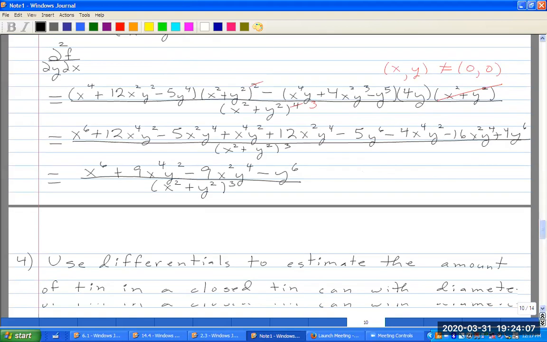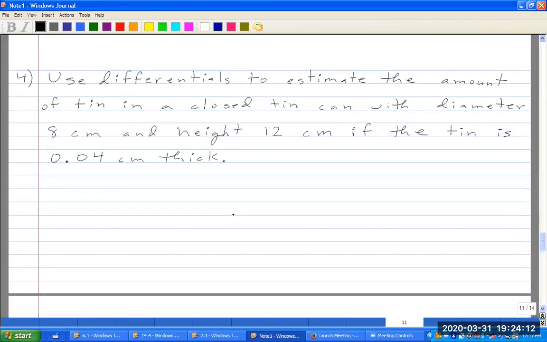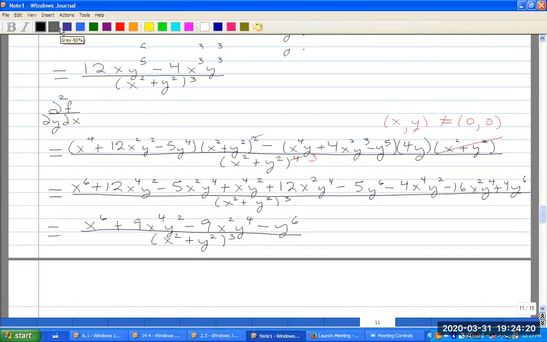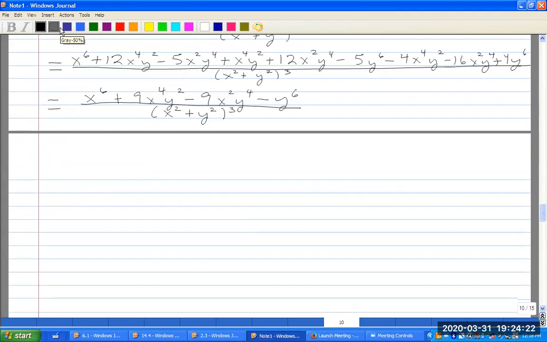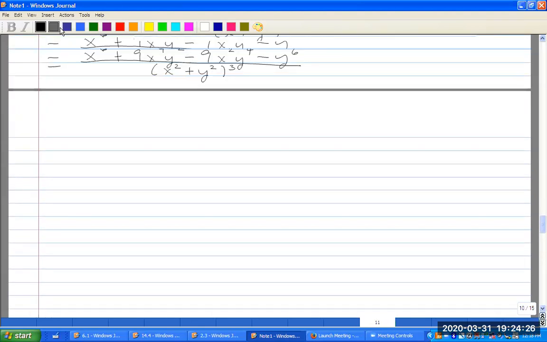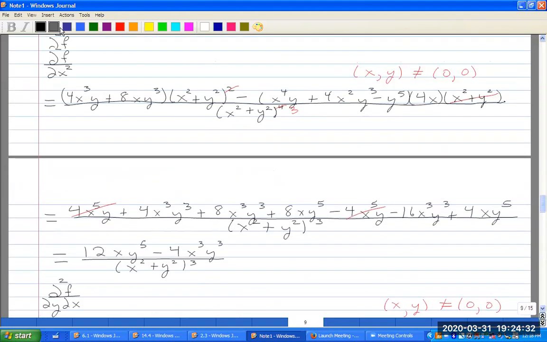So now let's do, so I had both mixed partials, right? No, I haven't done the other mixed partial.